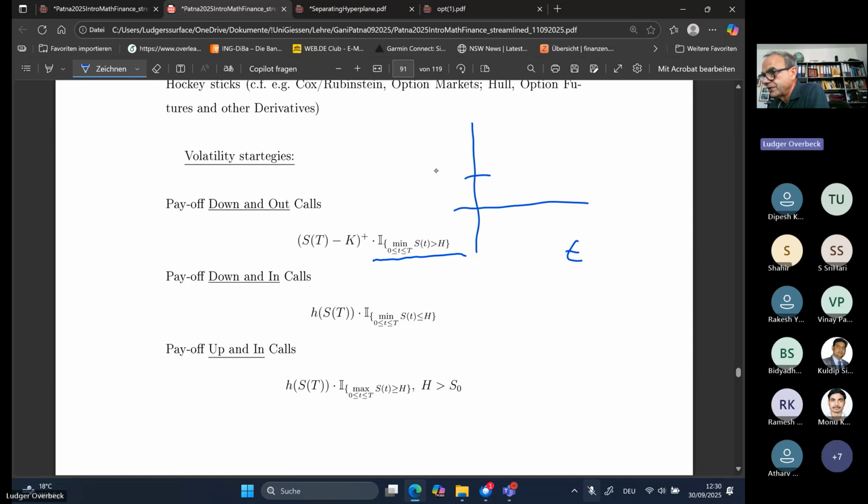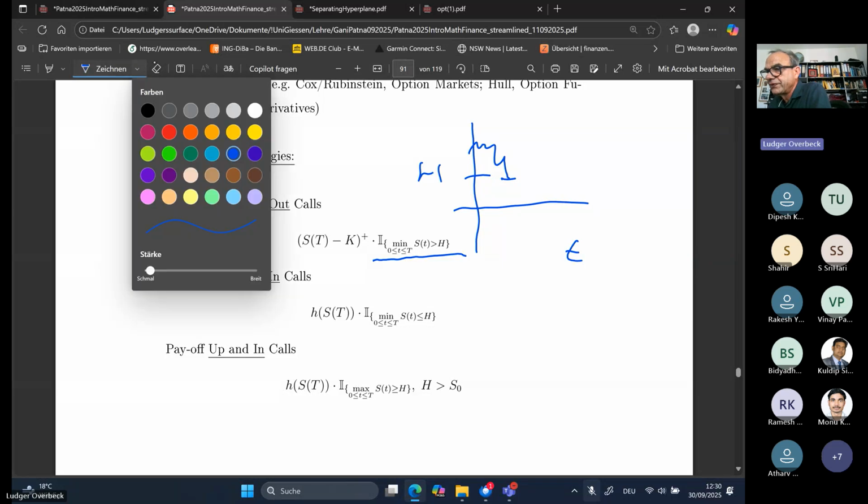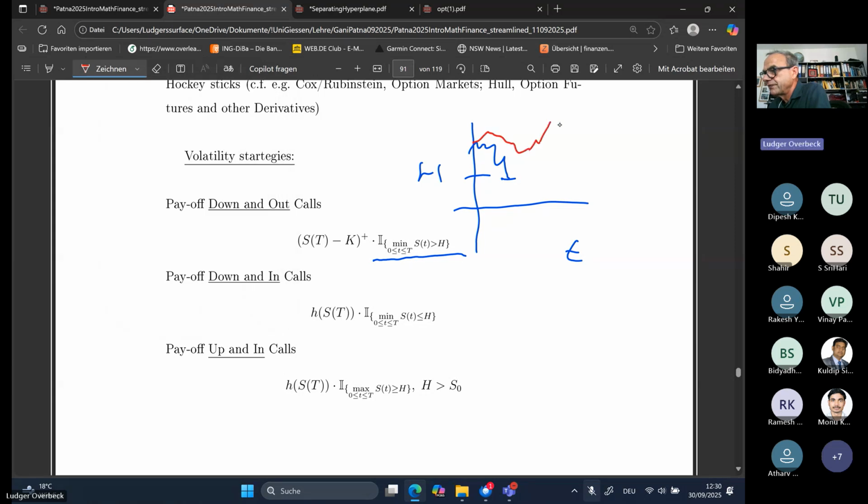You have the level H, your asset price, and if it's falling down here, the option pays you nothing. Only all paths which are above, this is a good path here, always stays above, then you finally get a payout depending on which level you are. Let's say you are here, and at maturity, you get this as a payout.